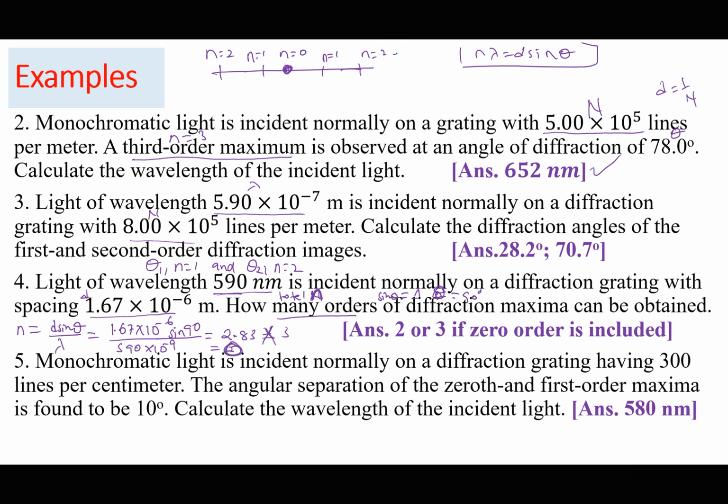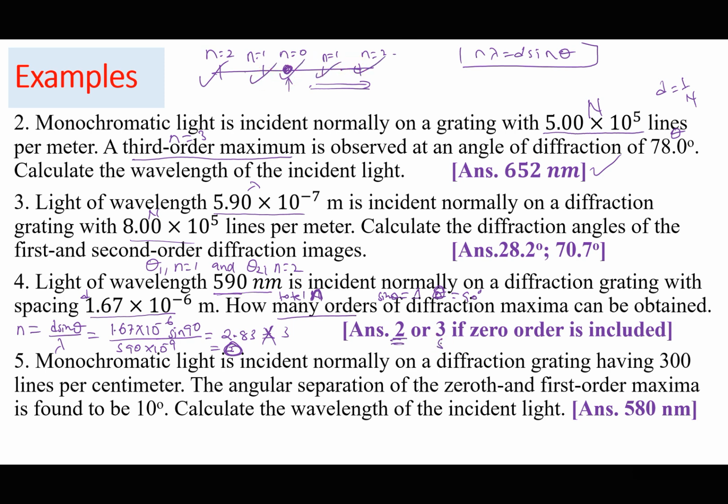So depending on the examiner's question, how many orders? Of course, 2 could be the answer if we don't add the 0 order and we don't add the orders on one side. But if the examiner asks for the total number of orders of diffraction formed, this would be 1, 2, 3, 4, 5.